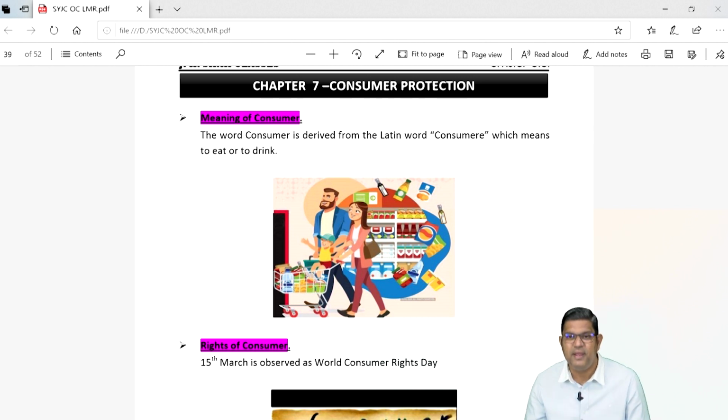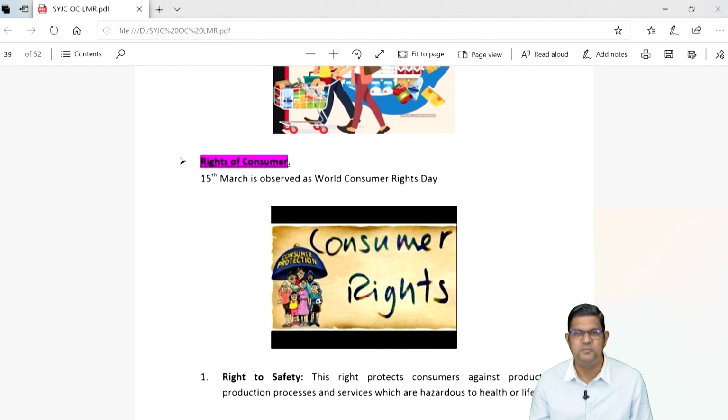And in India an act was passed called the Consumer Protection Act of 1986, and that was passed on 24th of December. That is why 24th of December is celebrated as Indian Consumer Rights Day. Okay, so now let's begin and understand the different rights of a consumer.